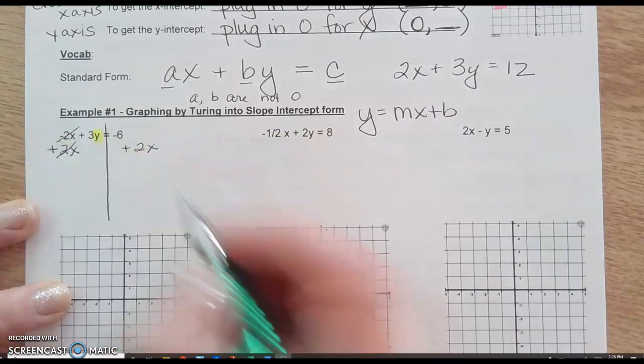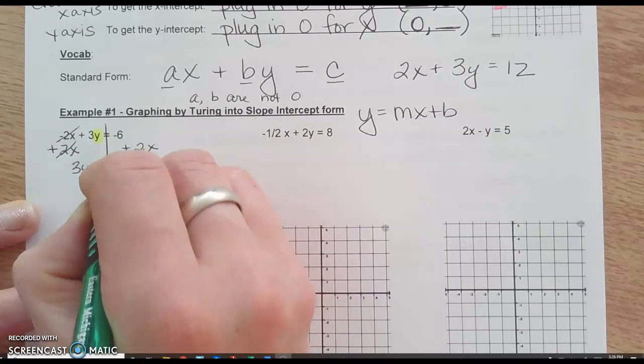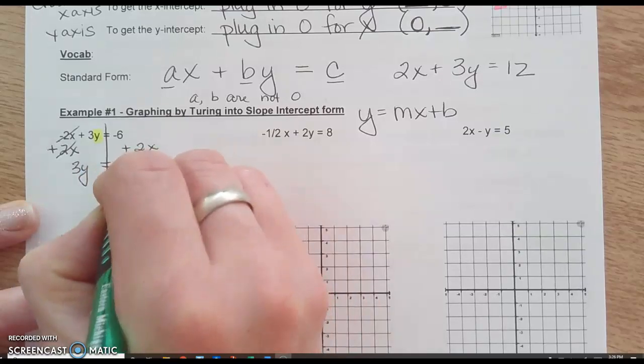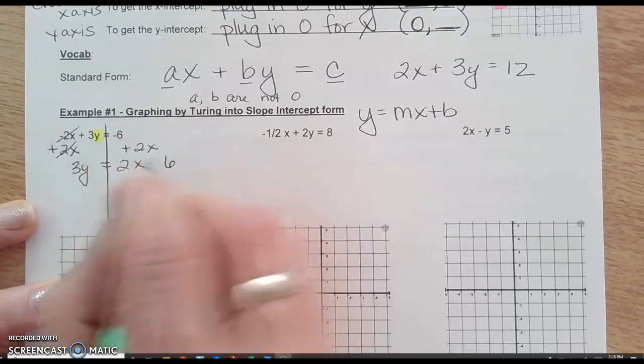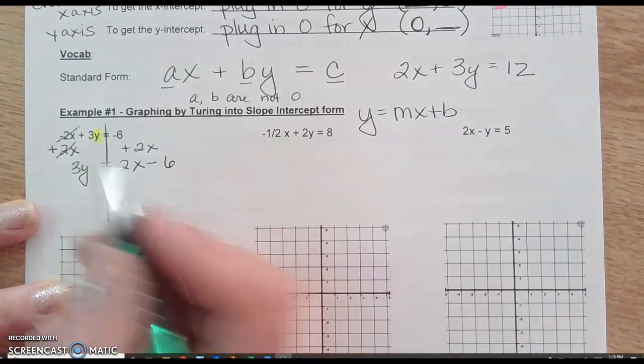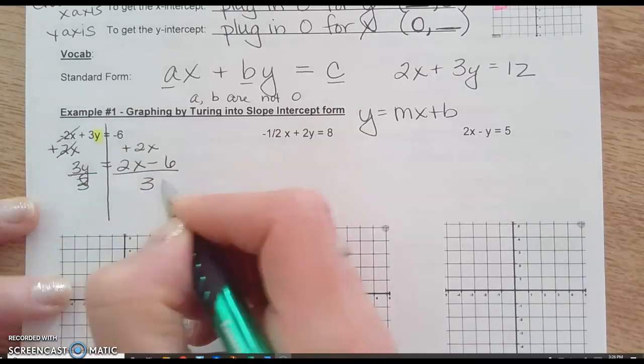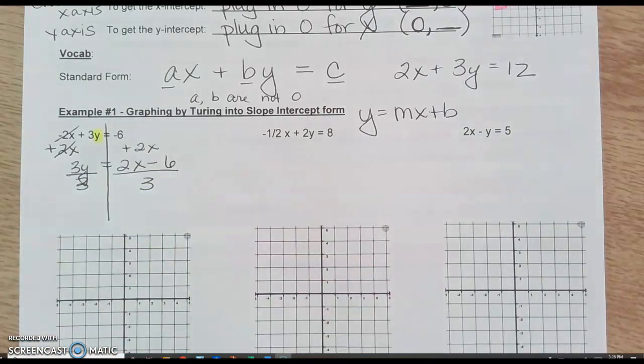Cross these out. So now I have 3y equals, and I'm going to write the x first, just because that's how we're used to seeing it, and then negative 6. I've just rewritten them on this line here. I'm still trying to get y by itself, so now I see I'm going to have to divide by 3. And everything on this right-hand side has to be divided by 3.